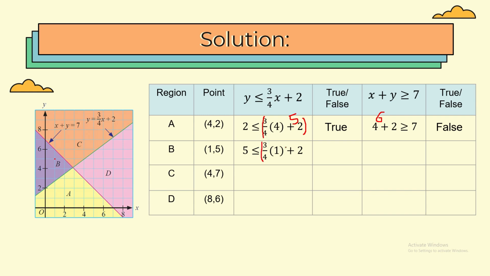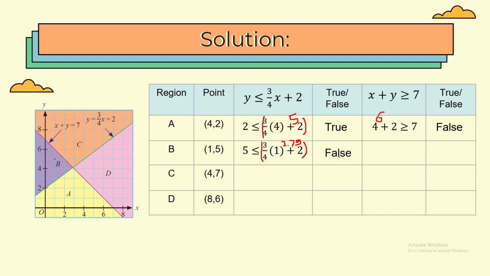From here I got the right hand side as 2.75. If you press your calculator you will get this answer. Then I get false, because 5 is not lower than 2.75.